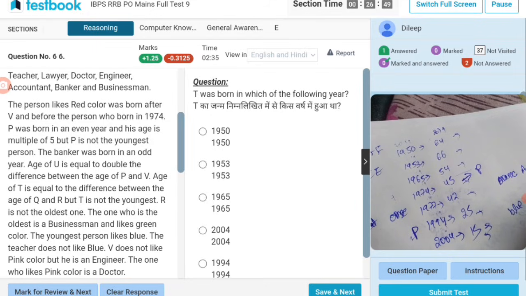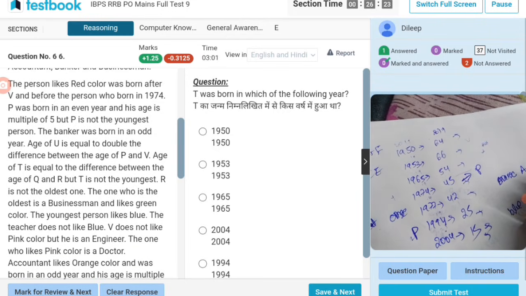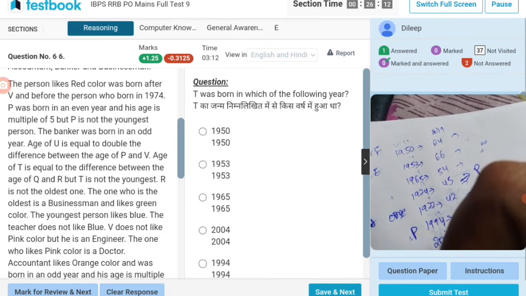Next. Red color was born after V. So red and V. Banker is odd year. The age of U is double P and V. So 45 and 66, 21.